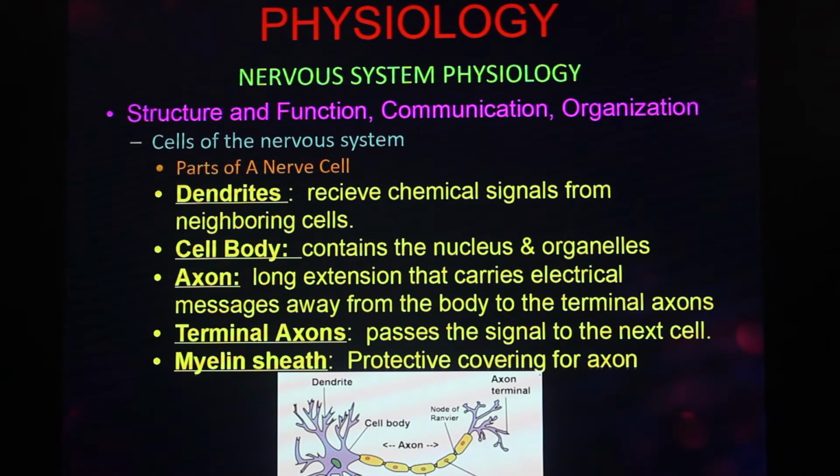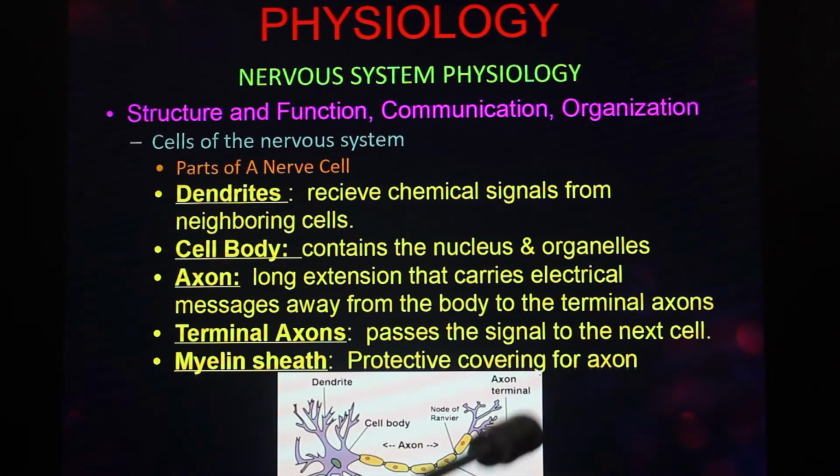If we look at the parts of a nerve cell, we have the dendrites, which receive the chemical signals from neighboring cells. We have the cell body, which contains the nucleus and the organelles of the neuron.